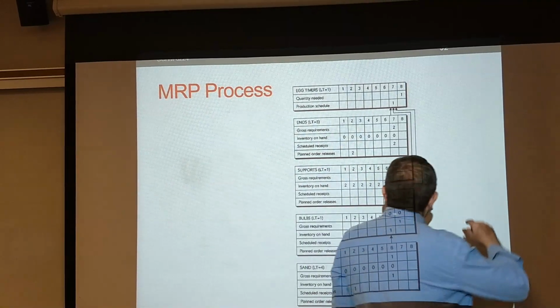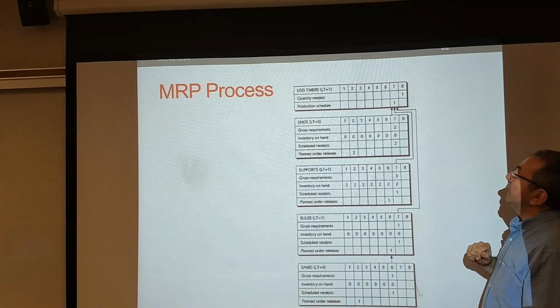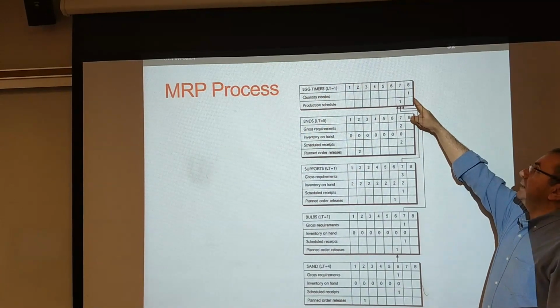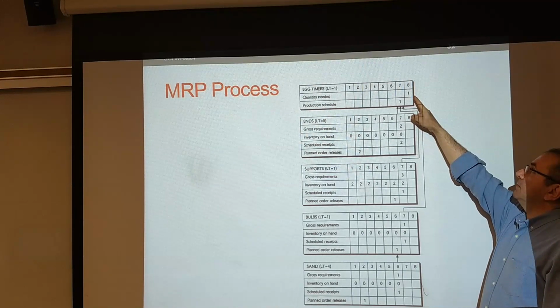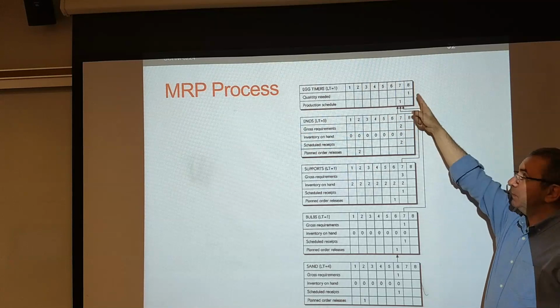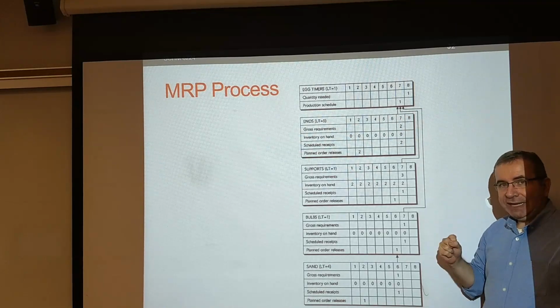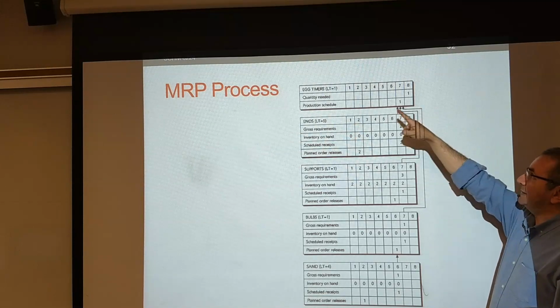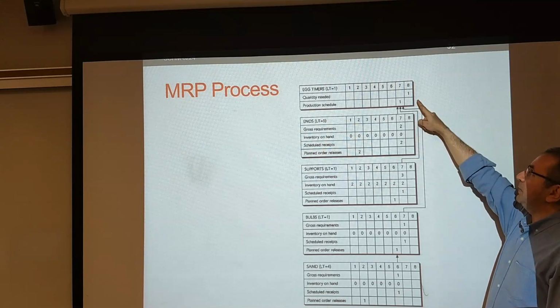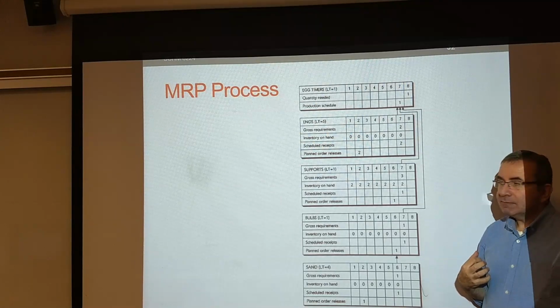So your production quantity is 1, the quantity needed is 1 in period 8. Okay? So that's your schedule for egg timers. Okay? In period 8, you need to have 1. That's your master production schedule.